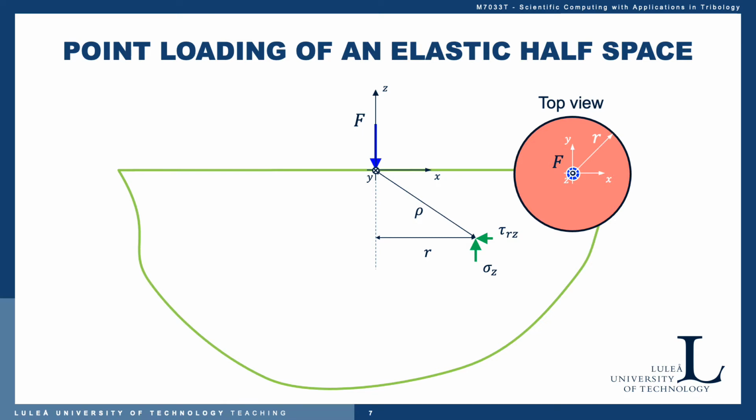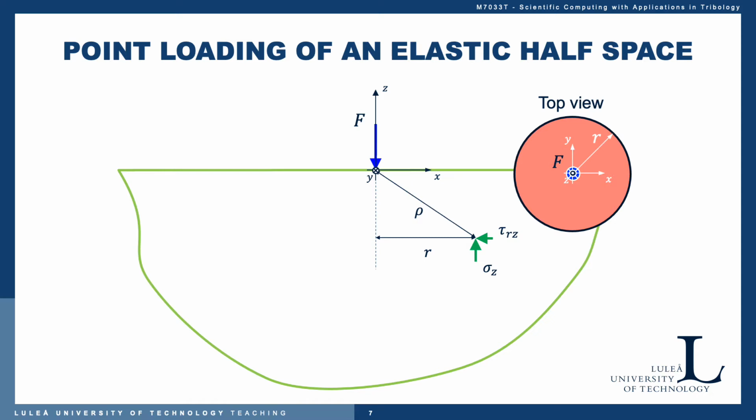And here we have denoted them at a certain point with distance ρ from the location of the acting force. And we also have a distance r, which is the horizontal distance, the distance in the xy plane to that point. And this will be of interest later on.